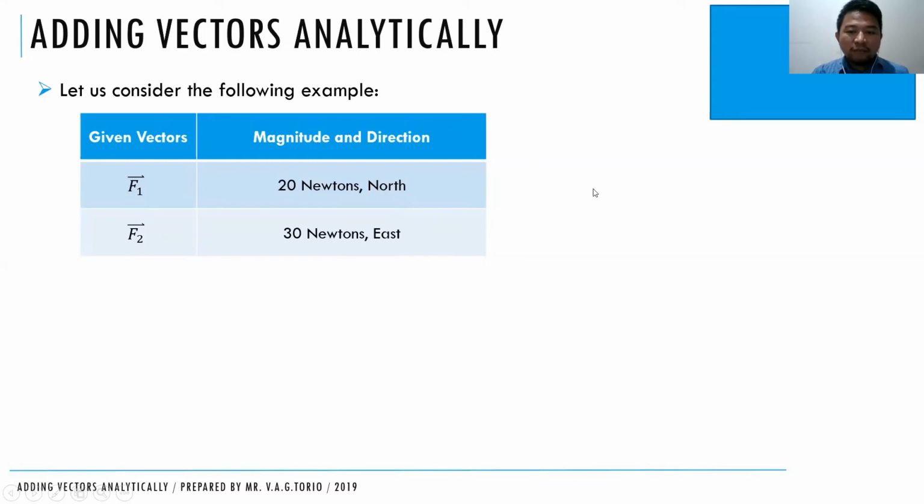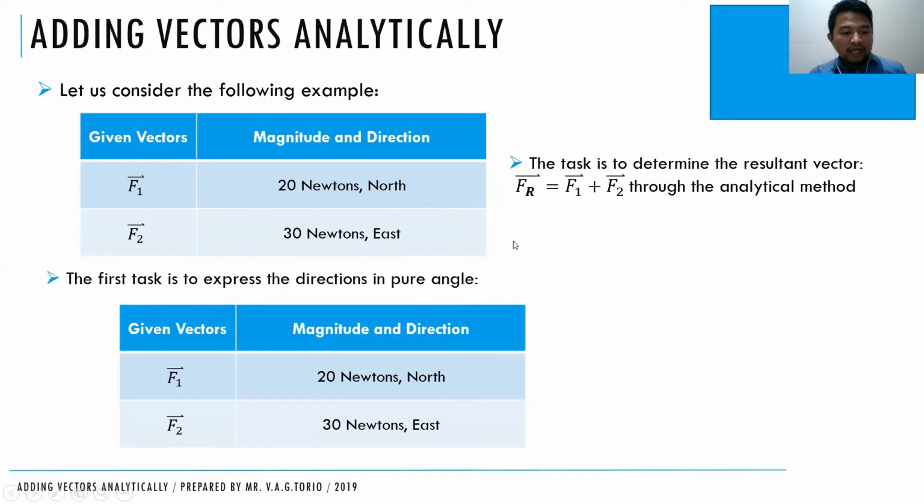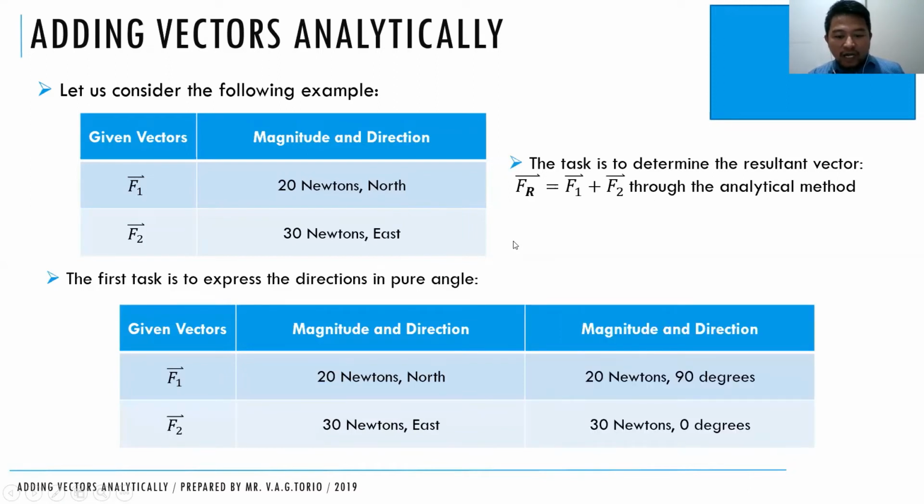North, if we imagine our Cartesian plane, is 90 degrees, and east is 0 degrees. So we can express our given vectors as 20 newtons 90 degrees, that is, we've converted north to be 90 degrees and east to be 0 degrees.